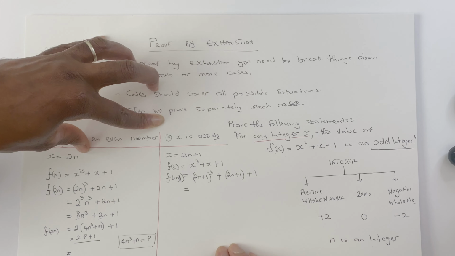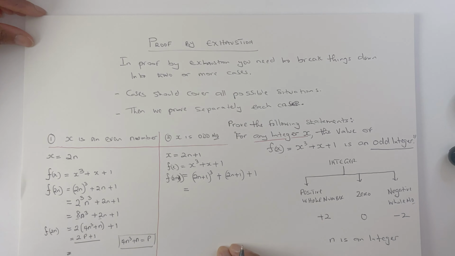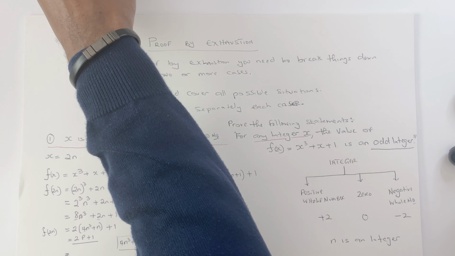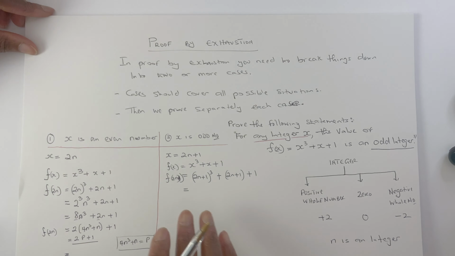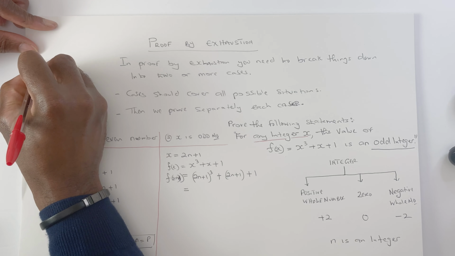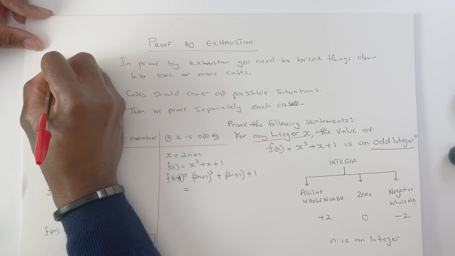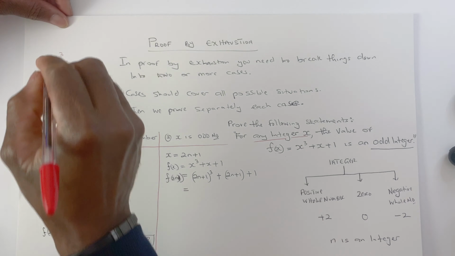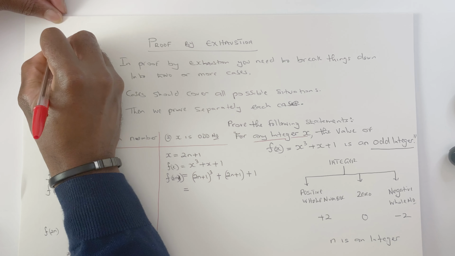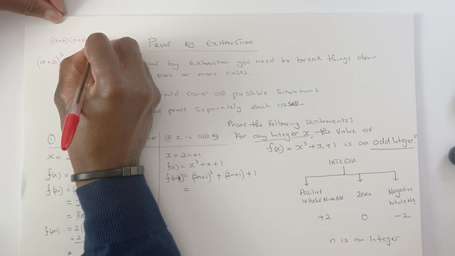Now I need to do the expansion of a cube. I'm going to do that up here because I need the space to finish up my work. If I have (a plus b) to the power of 3, that means (a plus b) times (a plus b) times (a plus b).